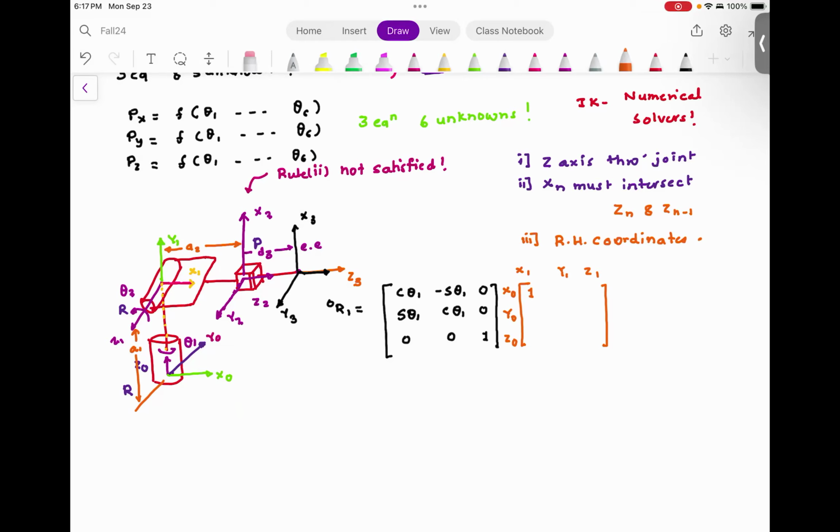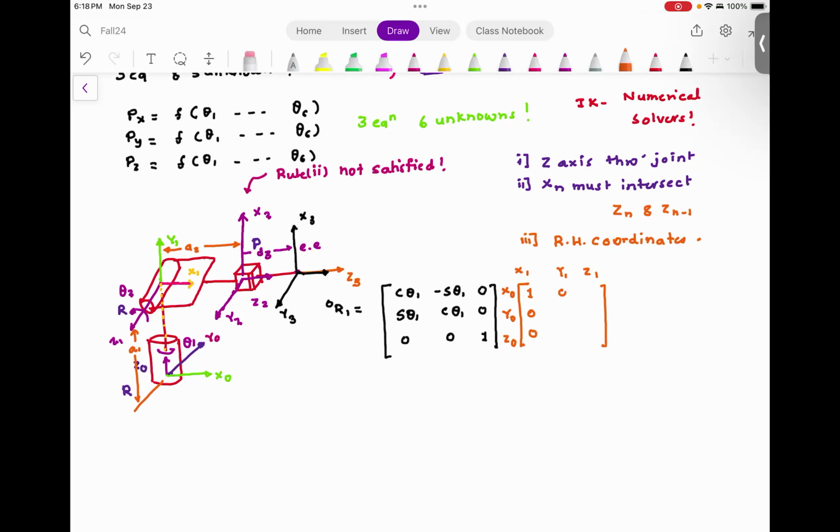So x1 is x0, y1 is in the same direction as z0, and z1 is minus y0. Are you with me? Any question about the projection matrix?